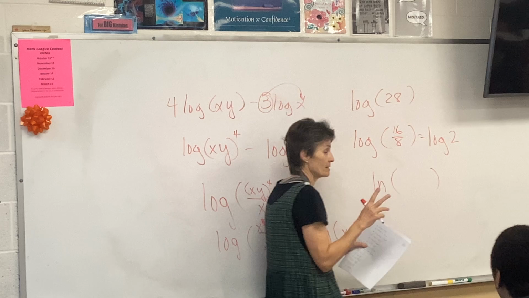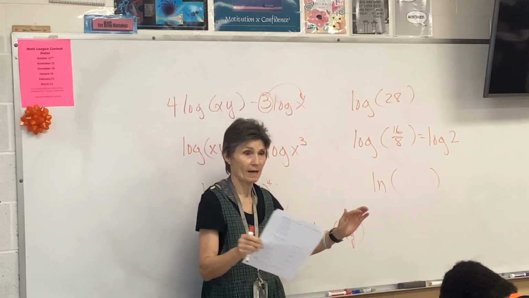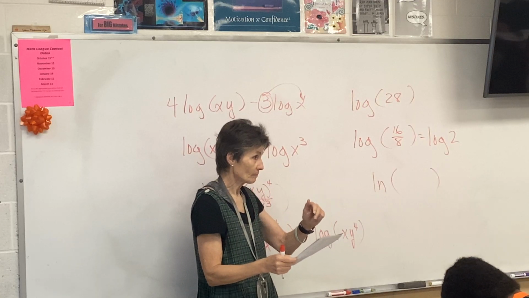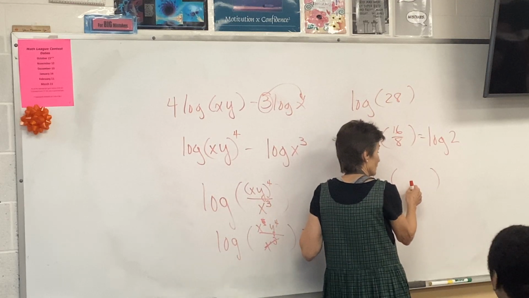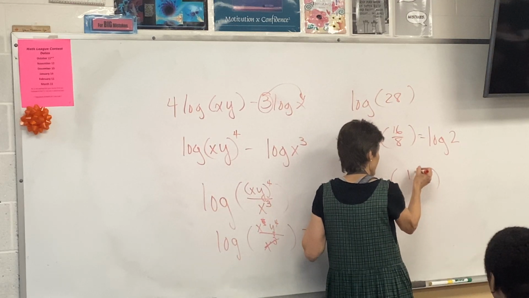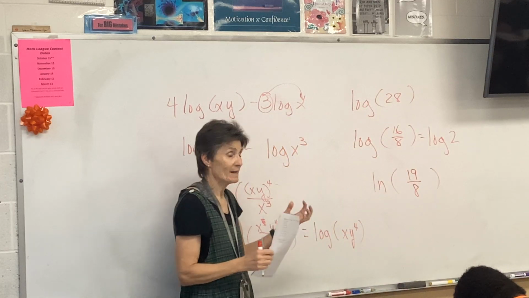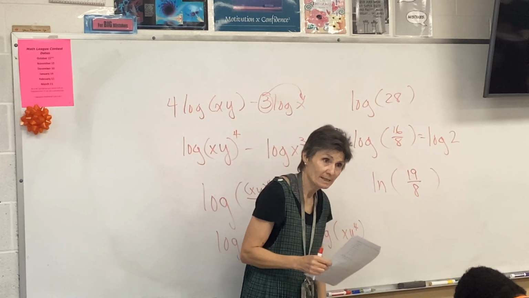Now, LNs are logarithms, so they go together the same way. The rules apply. So I have ln 19 minus ln 8. So when I put them together, what am I going to have in here? 19 divided by 8. Why is it divided? Because the problem was a minus.